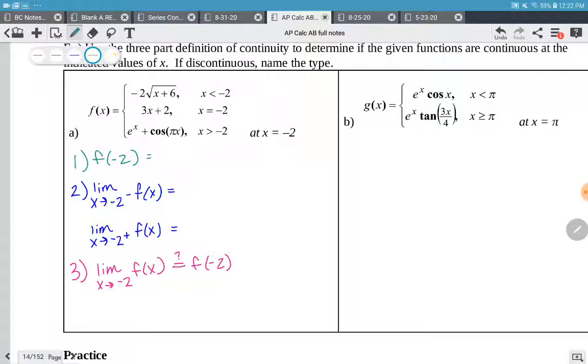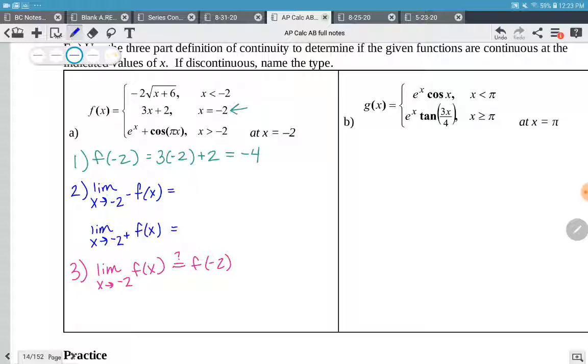So when x is -2, I have to look at the rules here when I have a piecewise function. It looks like when x equals -2, I'm following this rule. So it's 3x plus 2, so it's going to be 3 times -2 plus 2, which is -6 plus 2, so that's -4.